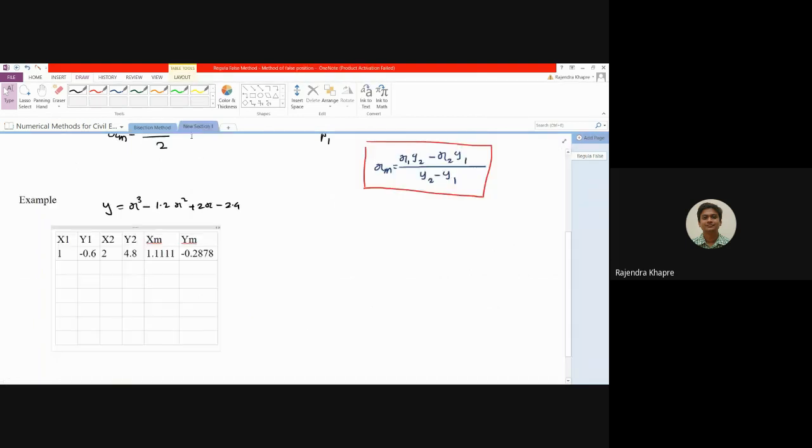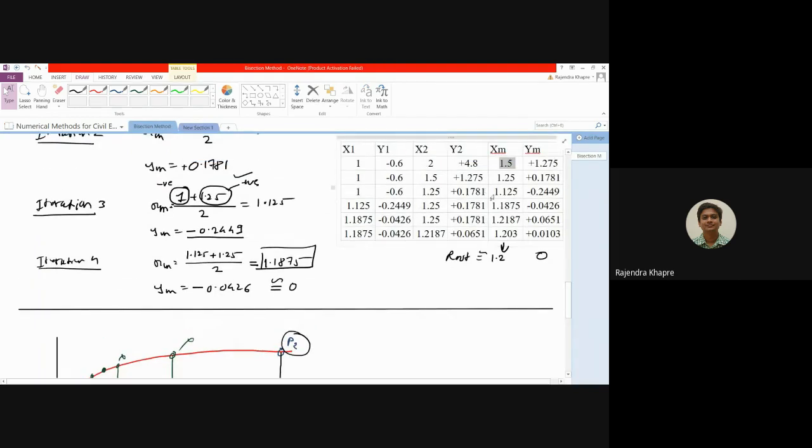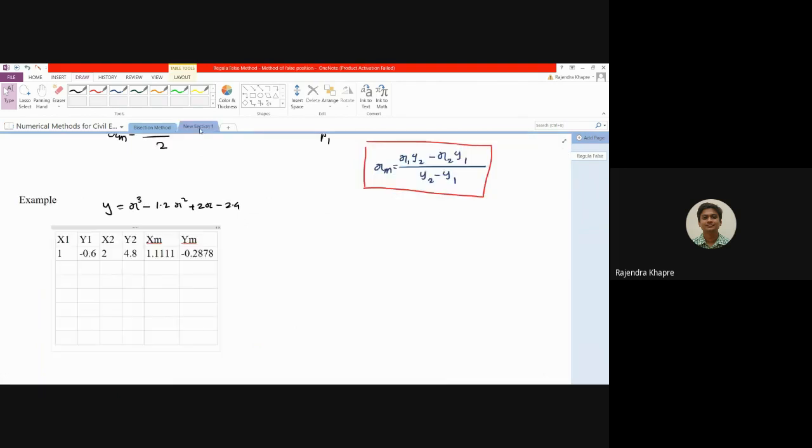With just one iteration you will find that you are very close to the actual solution. How many iterations did it take us to reach 1.1 earlier? Look here, we reached 1.1 at iteration number 3, where the value of xm was 1.125, and here in just one iteration we are reaching the value of 1.1111.